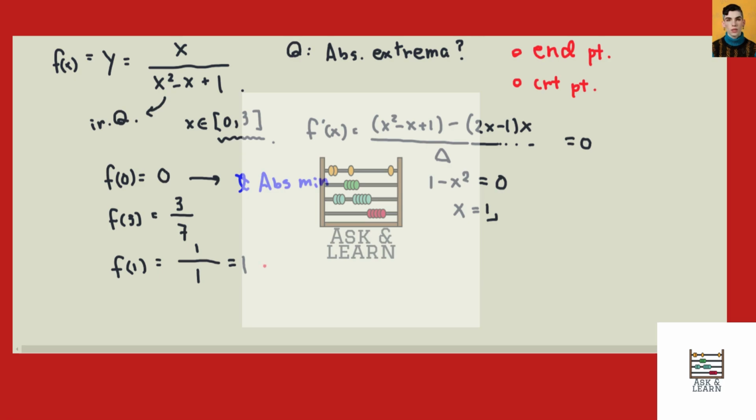The bottom one here is going to be an absolute maximum. And 7/3 is just a point at the endpoint.